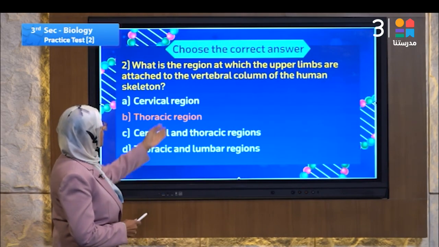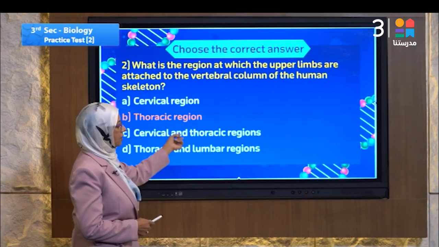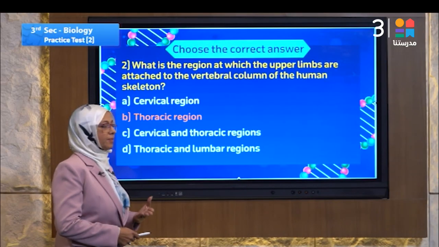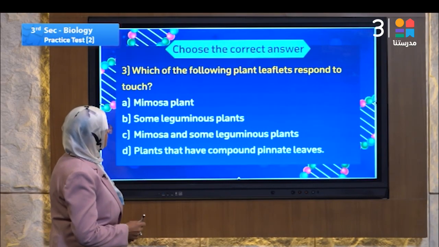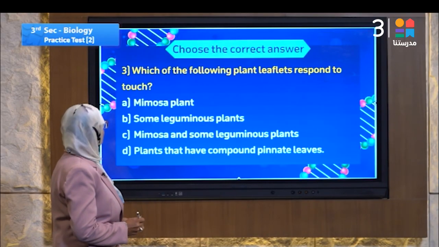So the upper limbs are attached to the vertebral column at the thoracic region. That means the thoracic parts, the upper parts of the body. Number 3, let's read about the leaflets of the plant.